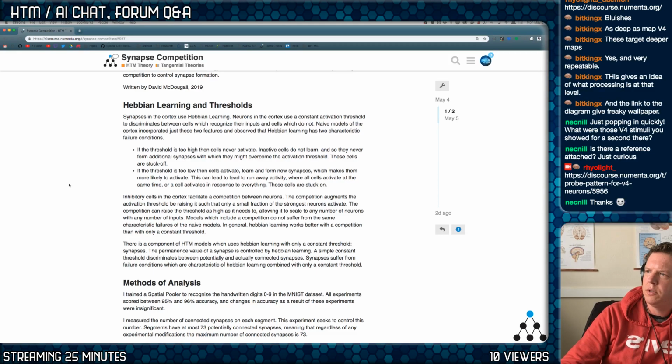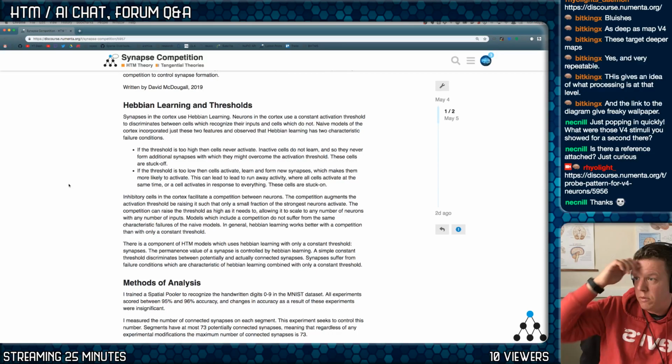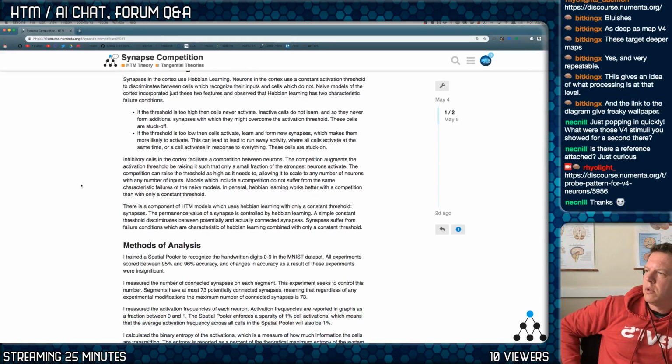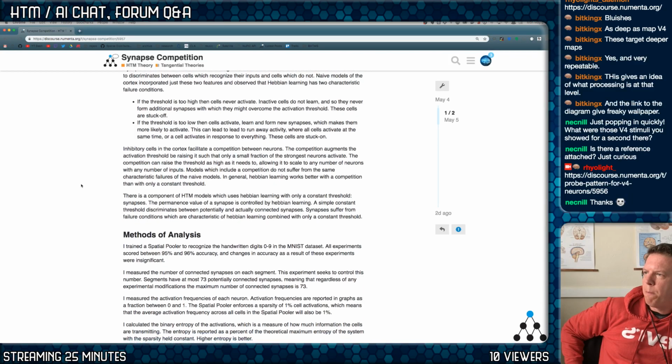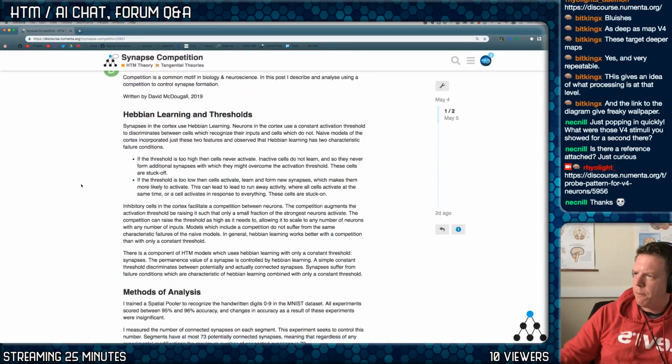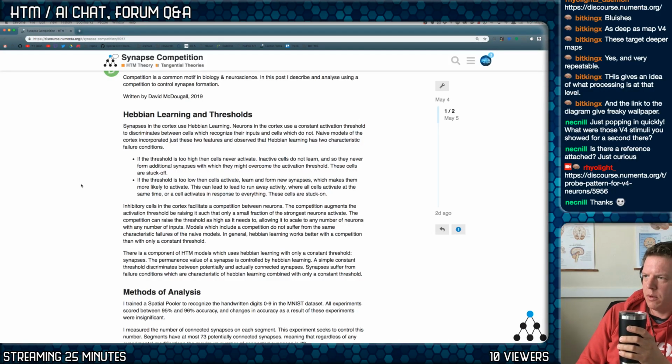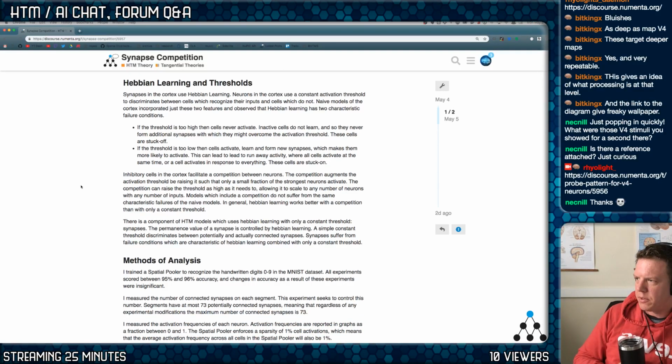Inactive cells do not learn, so they never form additional synapses. Too low, cells learn from others. I'm just trying to get a sense of this. It's hard to get a sense of a big post like this without just reading it.